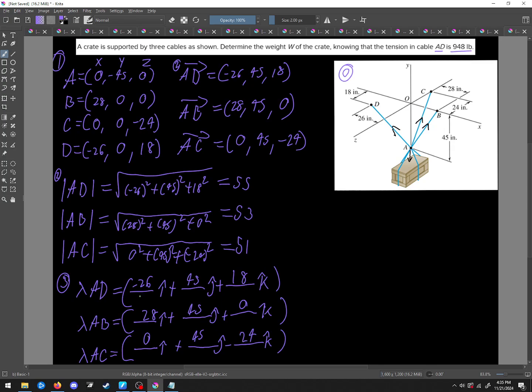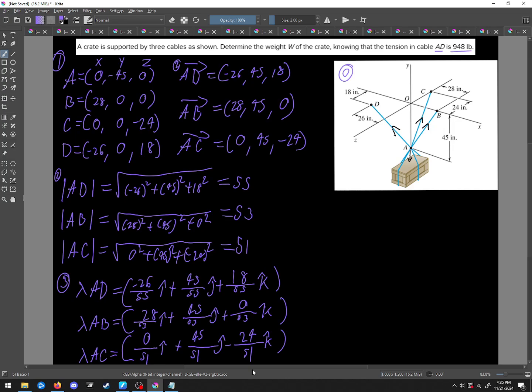And this whole one here is going to be over 55s. This AB is all going to be over 53s. And AC is going to be all over 51s. Okay, now we have step 3.